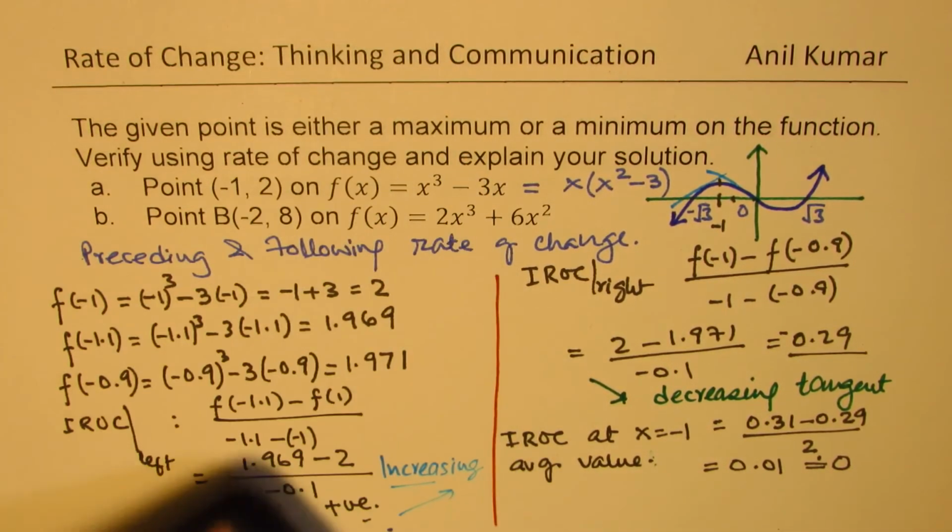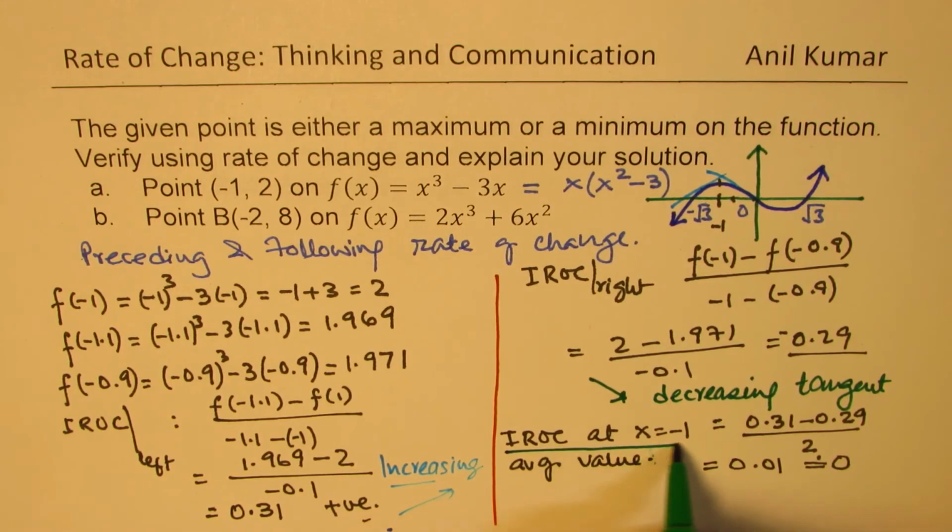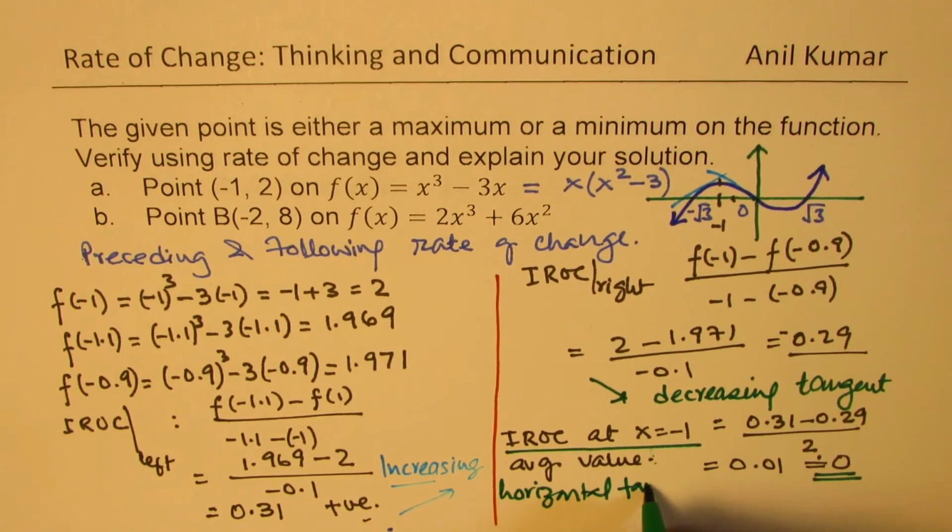Is it clear to you? So the average value is 0. The instantaneous rate of change at x equals minus 1 is 0. That means horizontal tangent line. So clearly, it indicates what? It indicates a maximum.